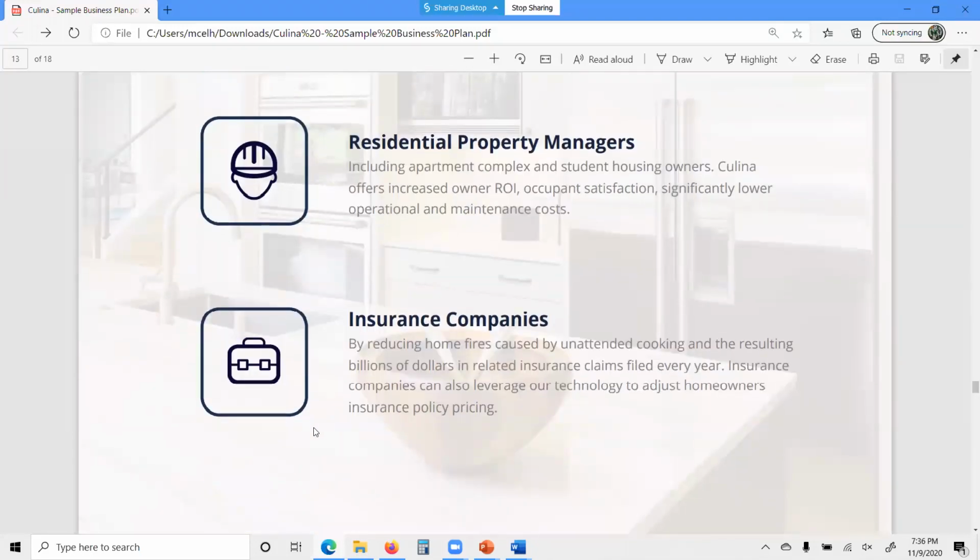So they might offer policy discounts to individuals who had these types of appliance hubs in their kitchens. Do you have a smart hub in your kitchen? If so, your homeowner's insurance might qualify for a discount. Might get me to buy one. Homeowners insurance can be expensive.